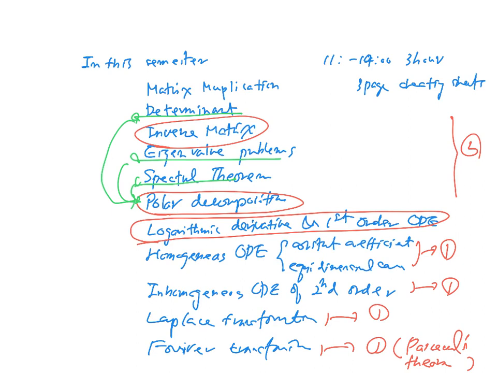How many? 1, 2, 3, 4, 6. Oh, no, there's one more, right? 7. So two problems in linear algebra, and definitely one problem on the logarithmic derivative and Parseval, and one problem for the homogeneous space, maybe with a multiple root.